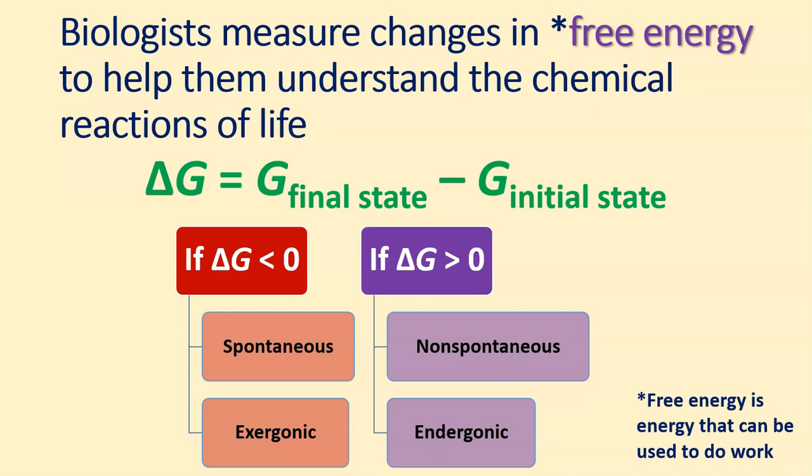If delta G is less than 0, then that's a spontaneous exergonic reaction. Now, a spontaneous reaction can be harnessed to perform work. So this is a relevant outcome for a biological system where energy is needed to get something done.